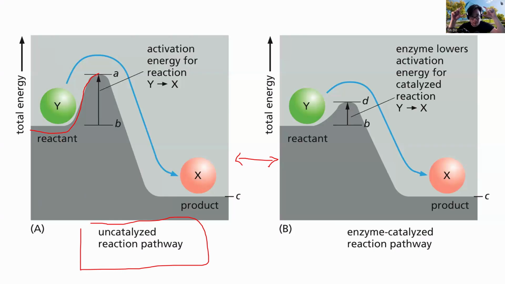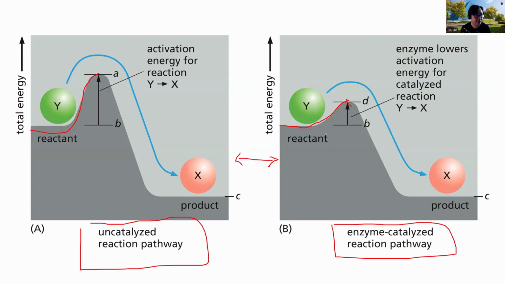You need to inject a lot of energy. With an enzyme catalytic pathway right here, you don't need as much energy, but you still need to input some energy. Always keep that in mind. There's still certain things that we have to do. Again, with the car analogy, you still have to wake up, get into the car, and turn it on to get to Long Beach. That still requires some energy.